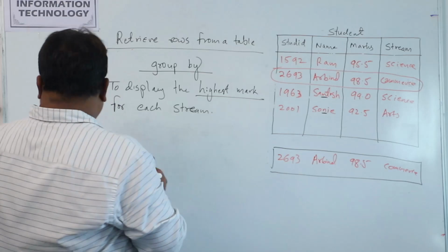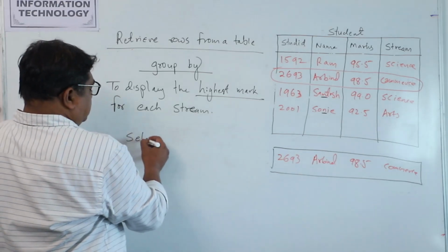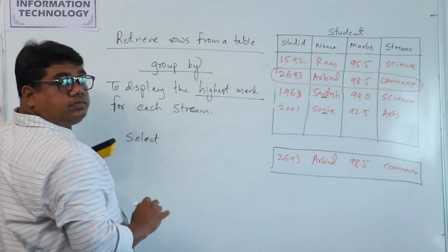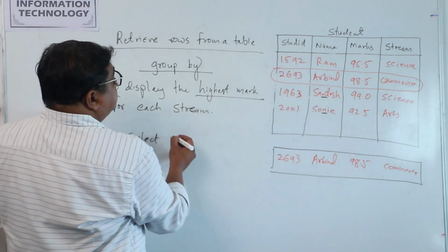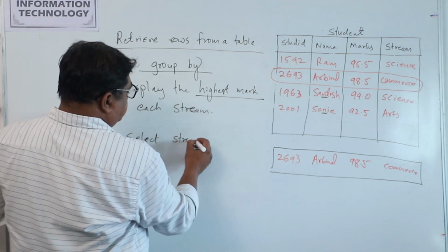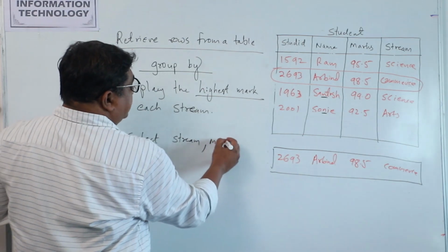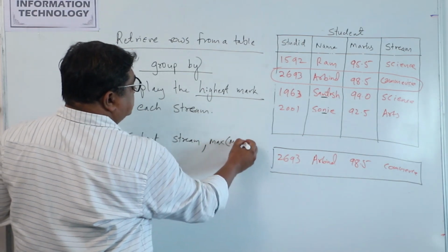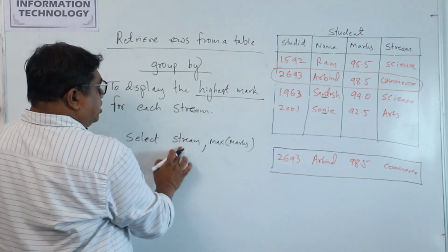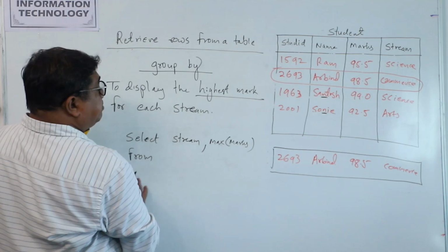So, to write this command, we will use select. We will write stream, then max marks, the highest marks it has asked. We will write the column name stream, max marks from, what is the table name?